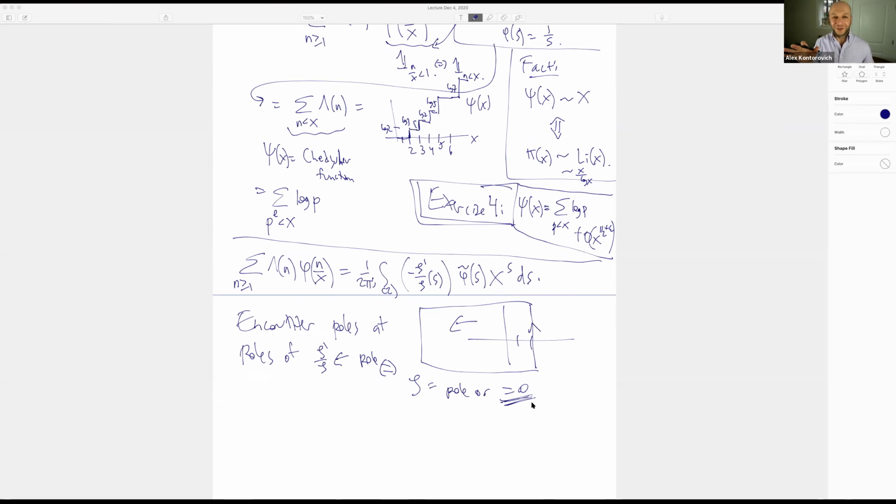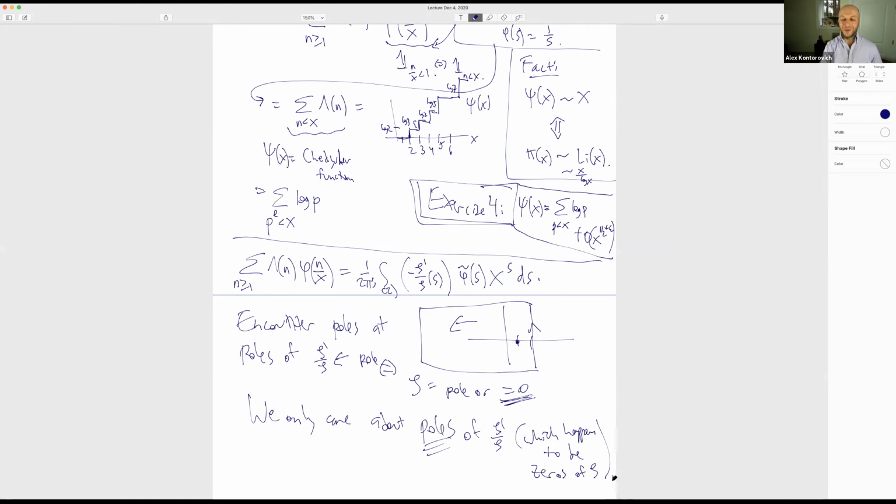We don't care about the zeros of the zeta function per se; we care about the poles of the logarithmic derivative of the zeta function, which happen to be the same thing. We only care about poles of zeta prime over zeta, which happen to be mostly, except for this one example, there's a pole at s equals 1, zeros of zeta. That's why we care about zeros of the zeta function. We're starting to see what they do for us.